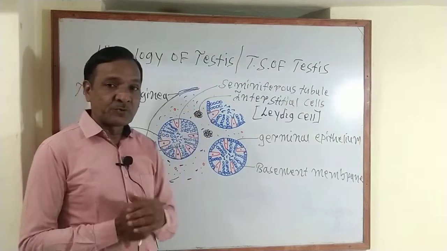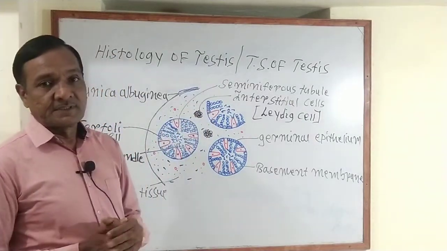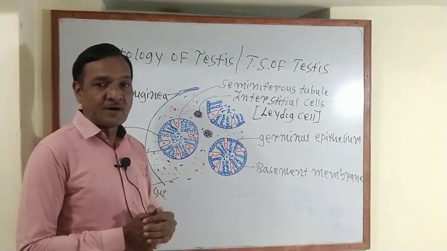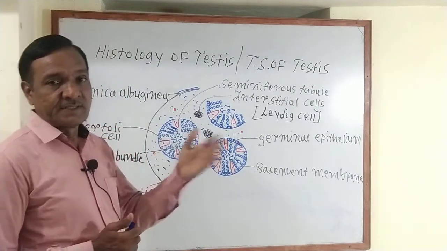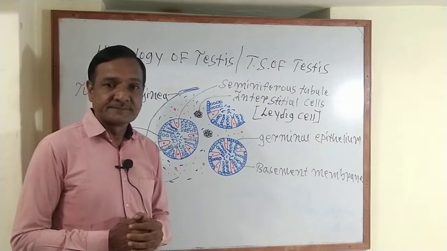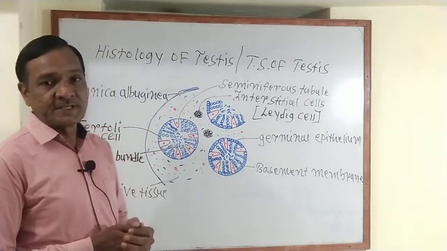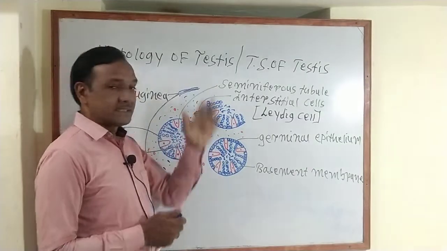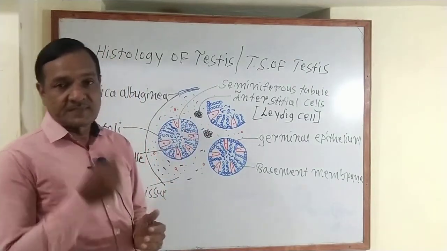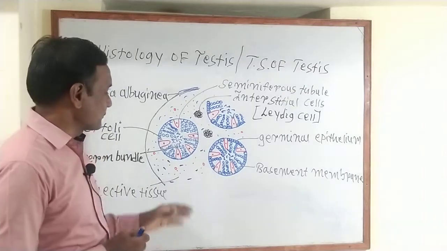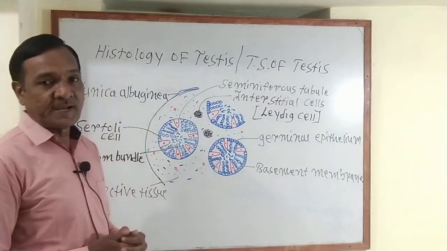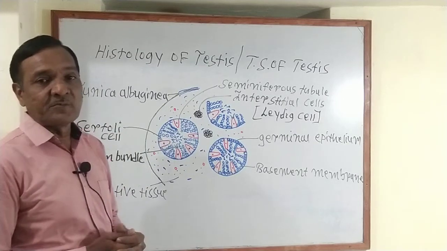Now, in early fetal life, the testes are formed in the lower abdominal cavity just below the kidney. This testis is connected to the wall of the scrotum by a fibromuscular band that is called the gubernaculum.